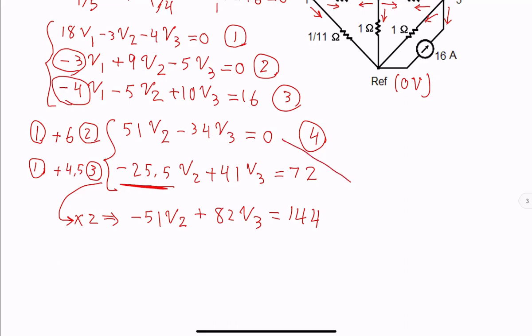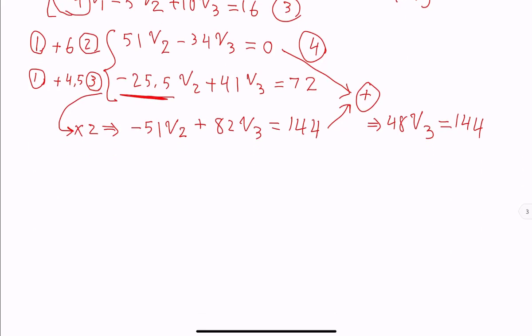Now, if we add equation 4 to this equation, we eliminate V2 and we get V3 times 48 equal to 144. So V3 is 144 over 48, equal to 3 volts.